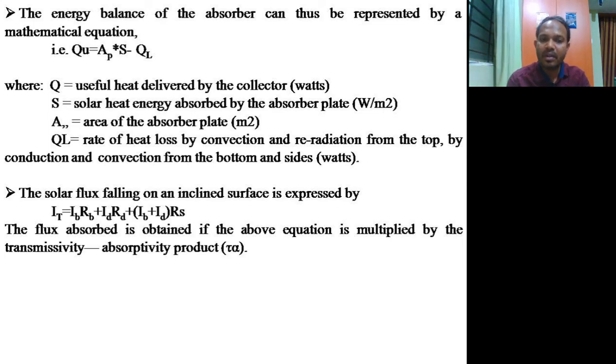The solar radiation absorbed with respect to the total solar radiation falling onto it gives us the absorptivity. In the same way, the amount of solar radiation transmitted through the material with respect to the total falling onto it gives the transmissivity.